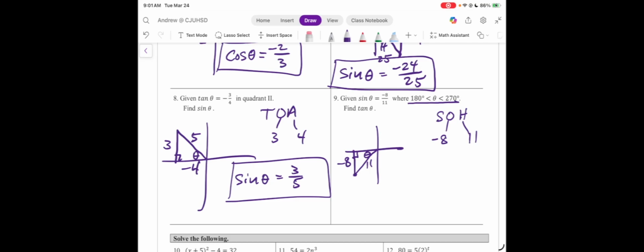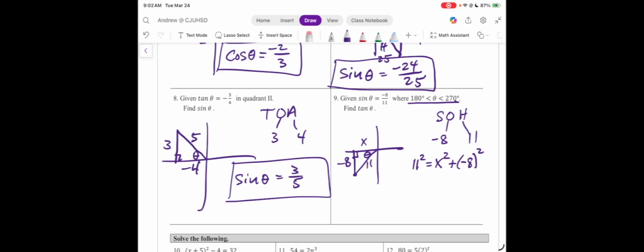Now I need Pythagorean theorem for this third side. You can call it anything you want to call it. I'm just going to call it x. Now remember, hypotenuse stands alone. So 11 squared equals, and the legs are always together, x squared plus negative 8 squared.